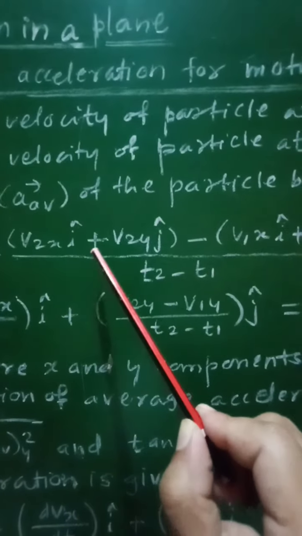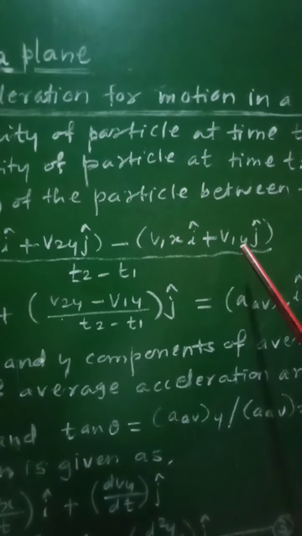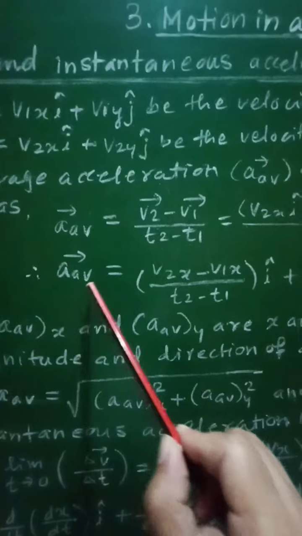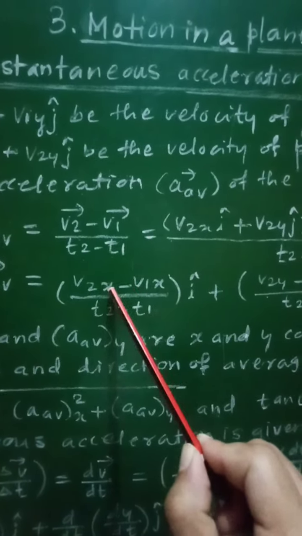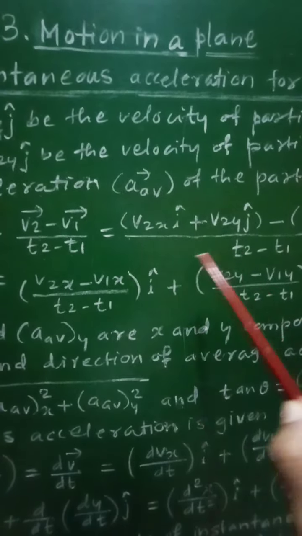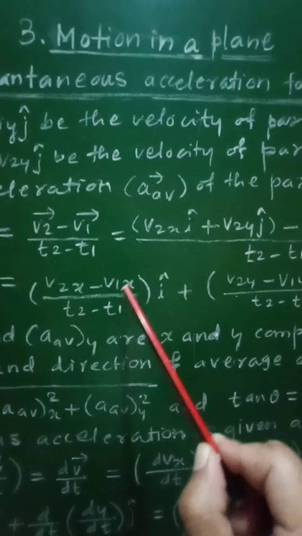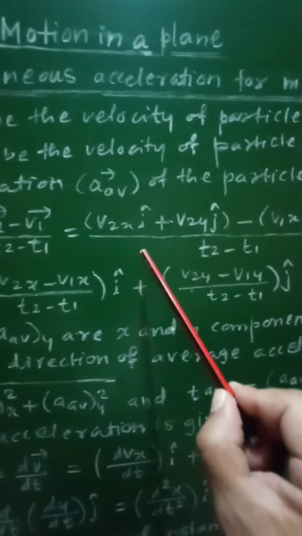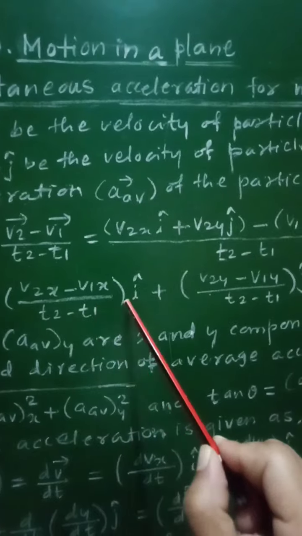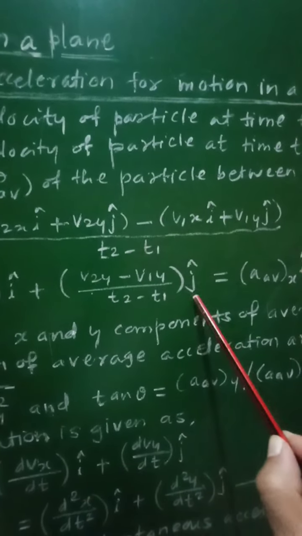Then for the next step, we will combine the terms of i cap and j cap, and therefore we can write average acceleration, vector a_av, will be equal to (v2x minus v1x) upon (t2 minus t1) i cap plus (v2y minus v1y) upon (t2 minus t1) j cap. The denominator is separated for i and j terms.